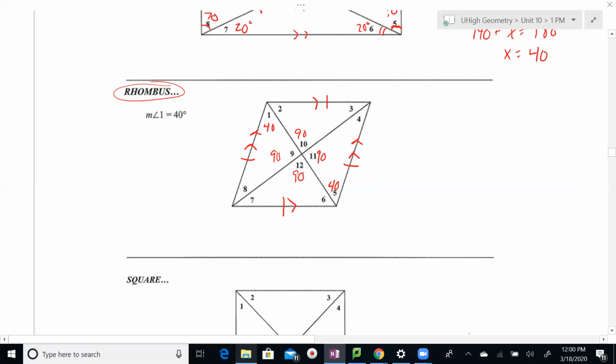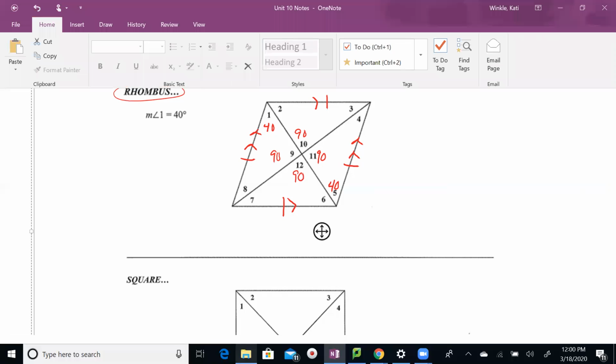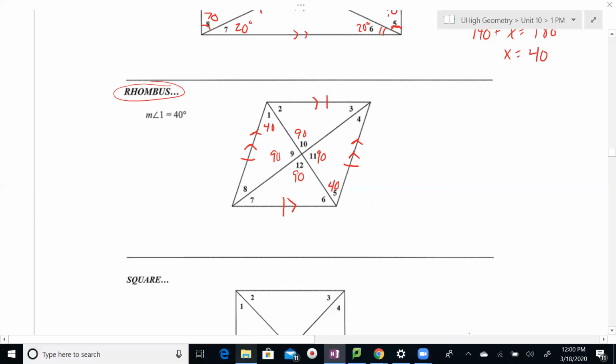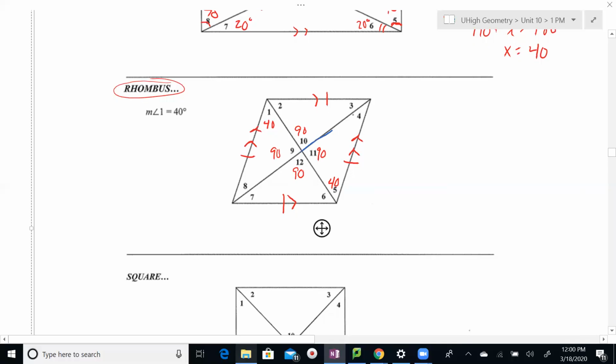Well, that makes it really nice because now the two triangles that I have on the sides here, let me go ahead and just outline those. We have two angles on these two triangles.